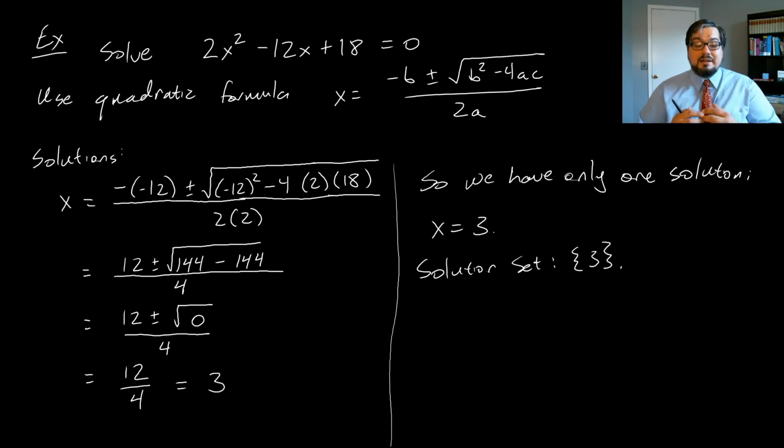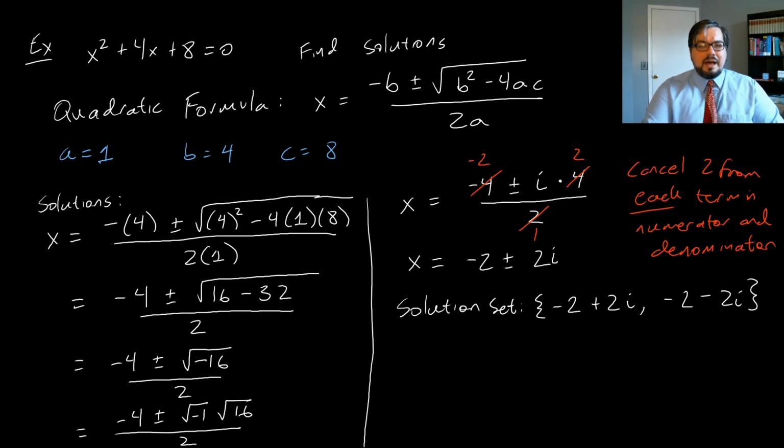And we can take advantage of this. We can analyze some of what's going on here. So let's think about why we got these different kinds of solutions in each case.